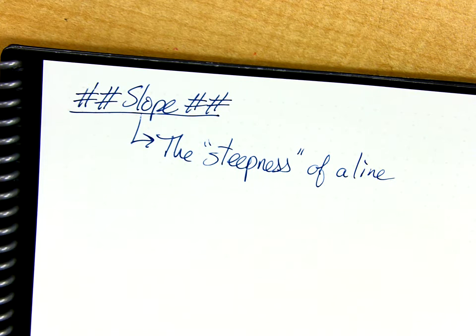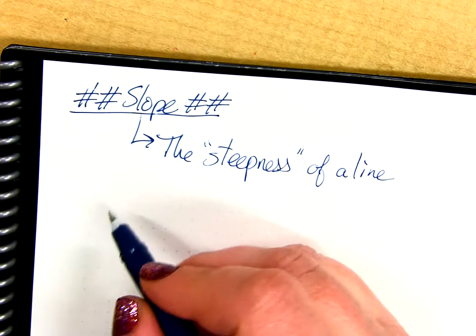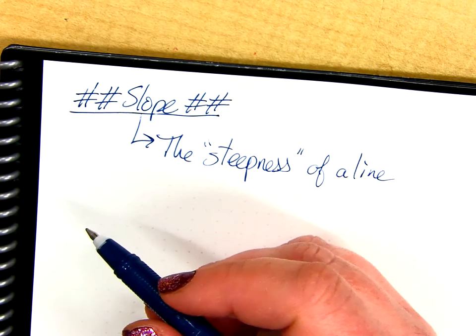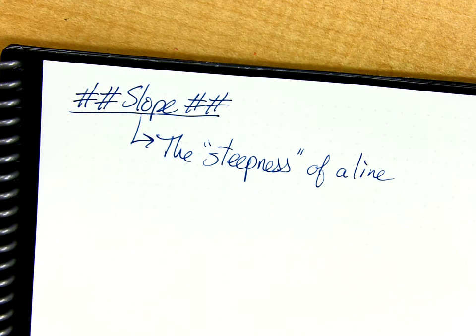Usually, we like to think of that as a fraction, and I know you normally steer clear of fractions, but slope is one of the places where it's helpful to think of it as a fraction, okay? Because what slope really is, first of all, do you know the letter that represents slope?